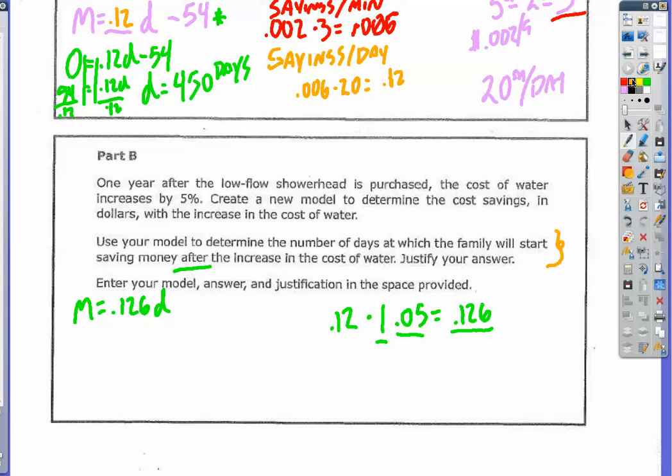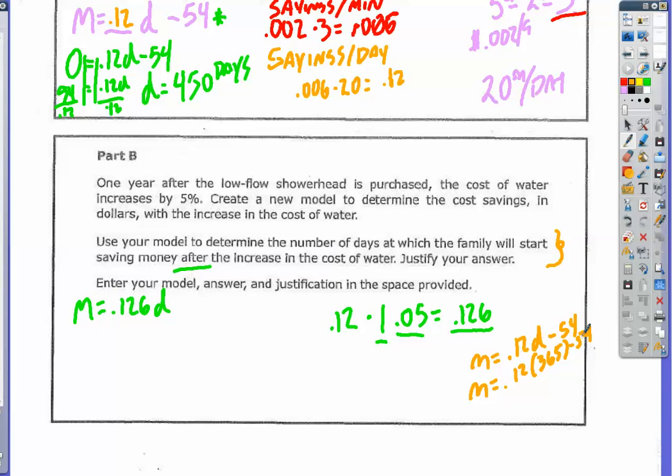So we're going to have to do m is equal to 0.12 d minus 54. And what will I substitute in for d? 365. Okay, so we have m is equal to 0.12 times 365 minus 54.